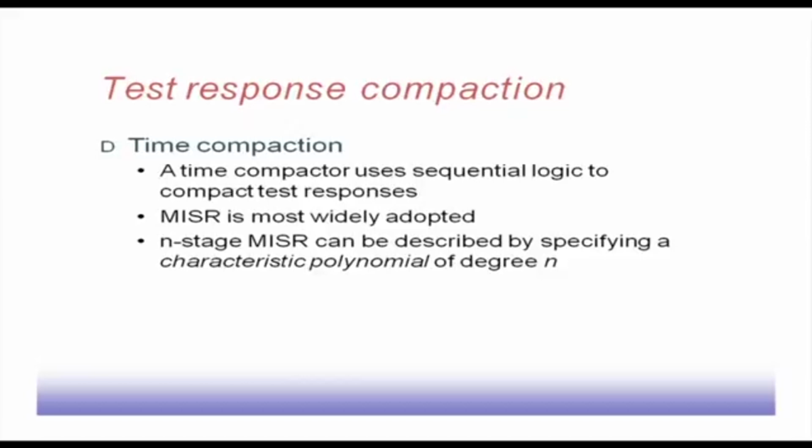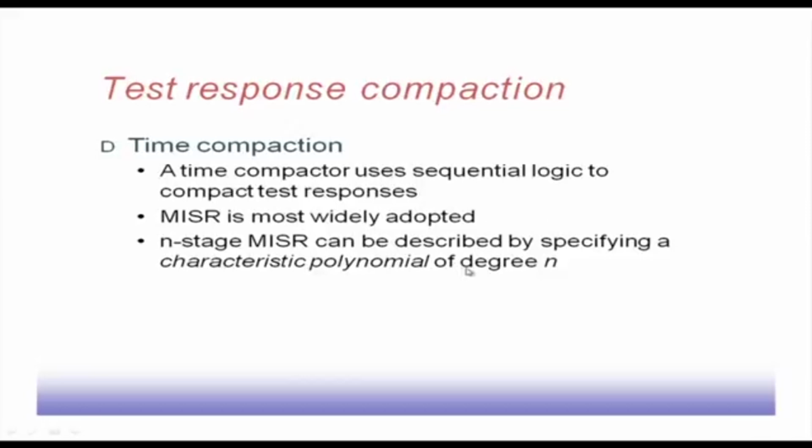Whatever remains in the MISR after running for some number of cycles is basically a division operation, that is, the remainder of that input stream getting divided by the polynomial. That will come as the signature. Any n stage MISR can be described by specifying a characteristic polynomial of degree n.